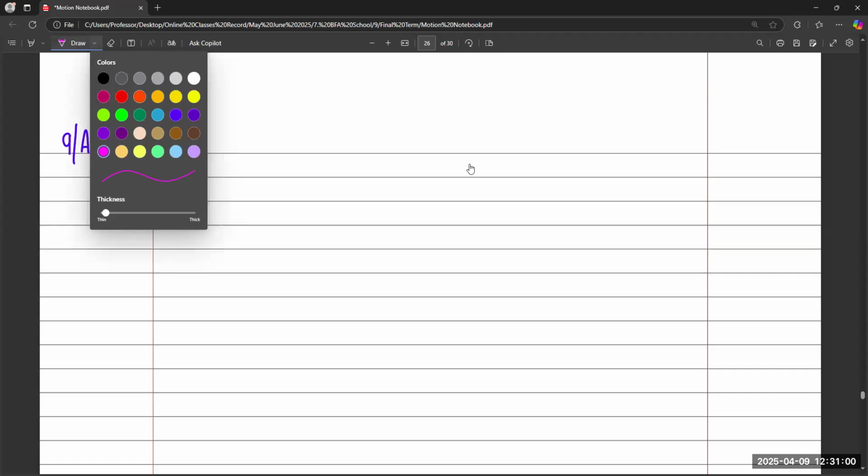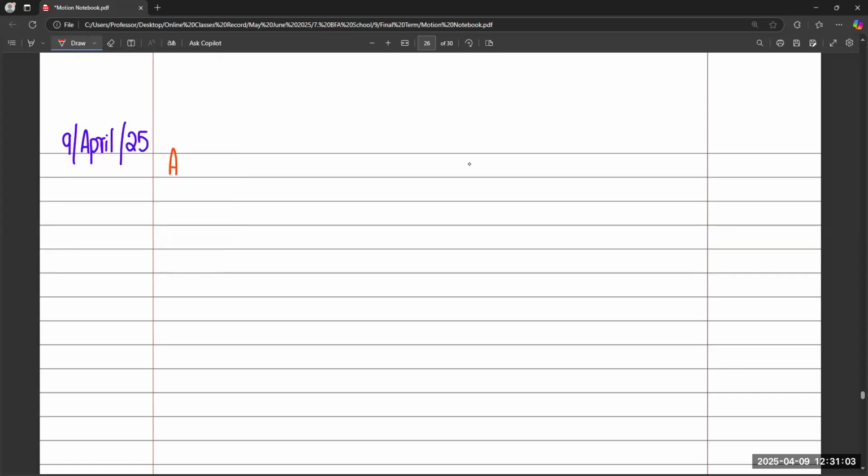If we talk about atmospheric pressure at altitude, altitude means at a certain height from the sea level or from the ground.